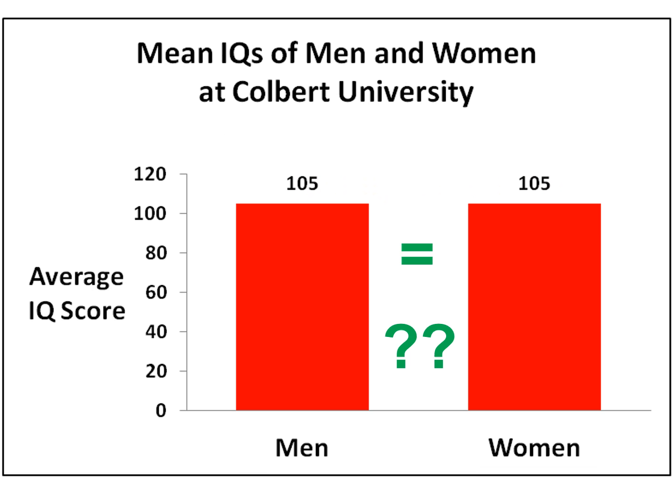Here are the populations of all the men and women at Colbert University. Maybe the mean IQ in the population of all women is 105, which is the same as the mean IQ in the population of all men. The question marks indicate that we don't know for sure what the true situation is in these populations. But it's possible that the mean IQs in the two populations are equal.